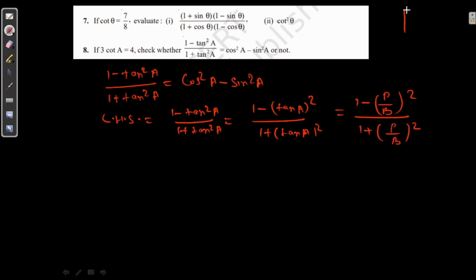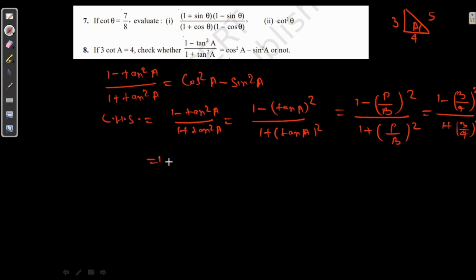Okay, let me draw the same triangle here what we have drawn earlier. It was 4, it was 3 and it was 5. So for angle A, the perpendicular is 3 and base is 4. We have to do square of it. 1 plus, it will be 3 by 4, we have to do square of it.